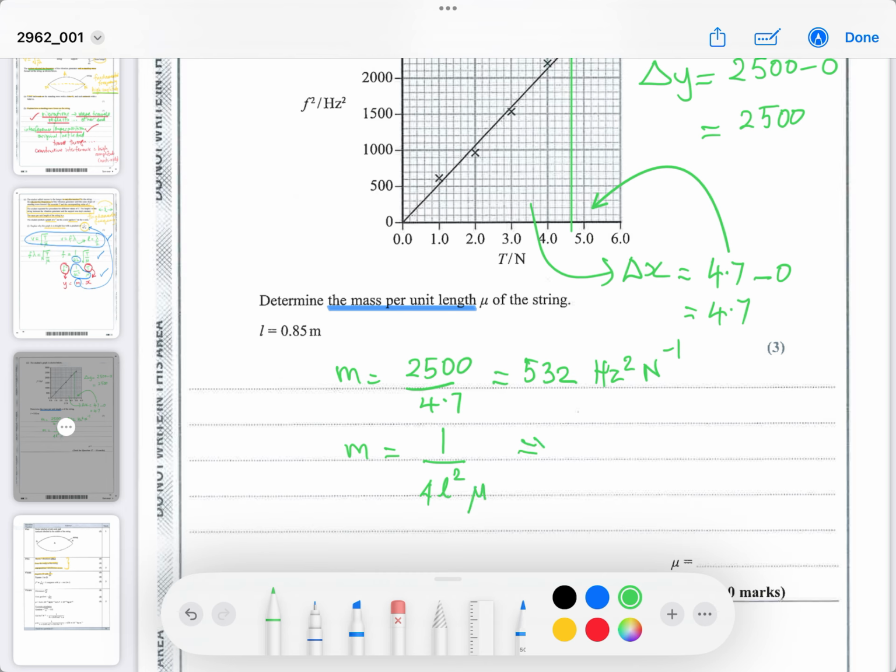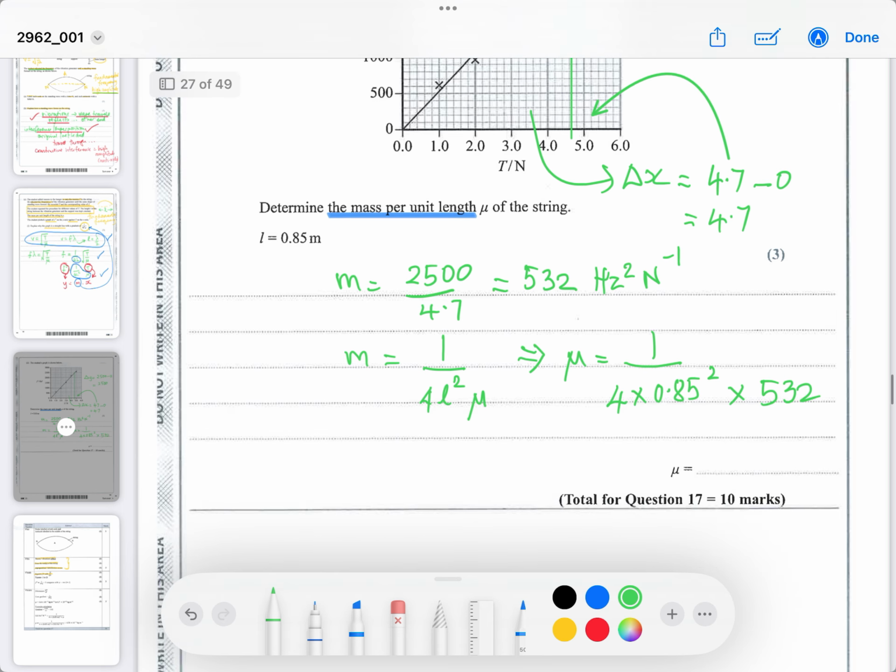So you can just swap the mu and the m around. So mu will be equal to 1 over 4 times L squared, which they've given you, 0.85 squared, times m, 532. And when you get that, you get the mass per unit length.